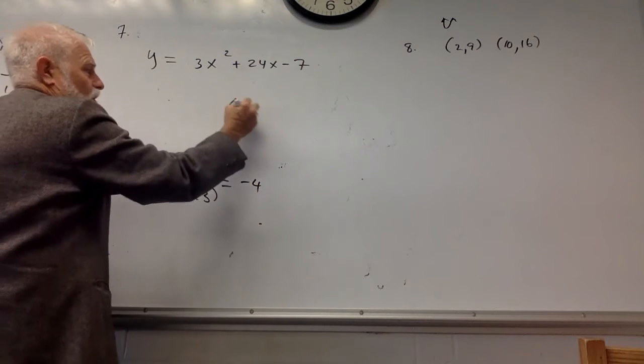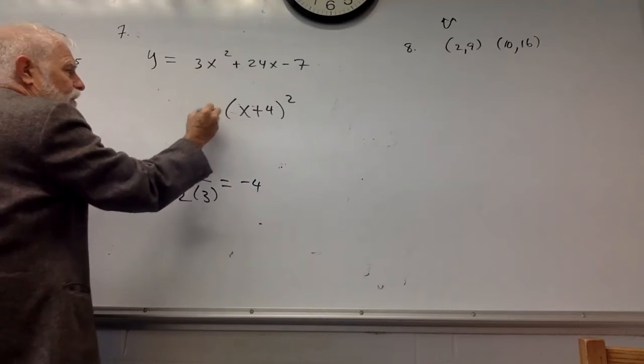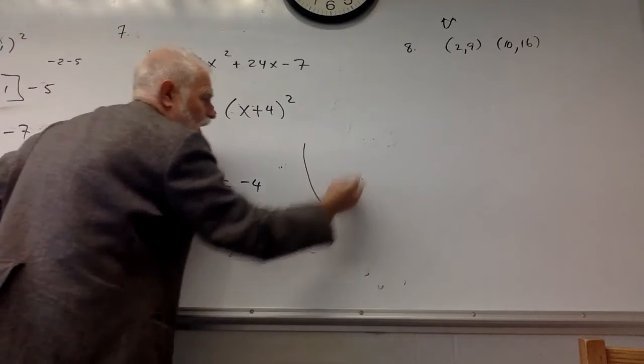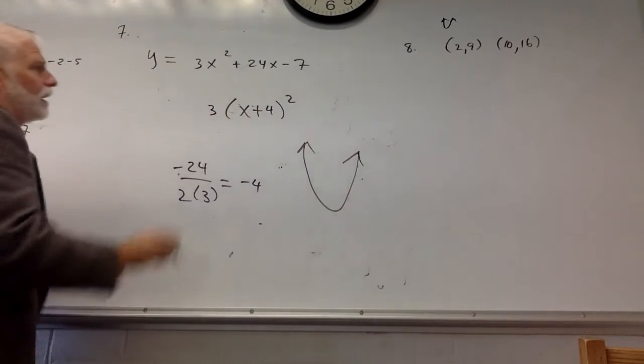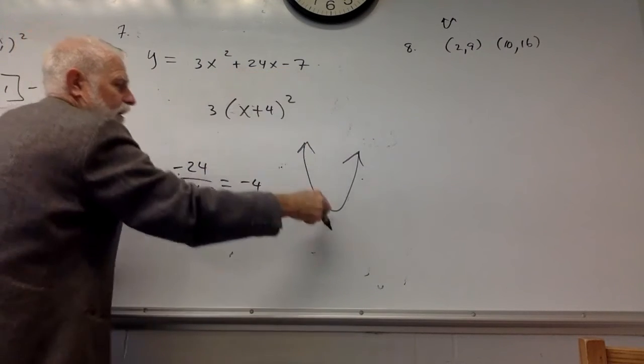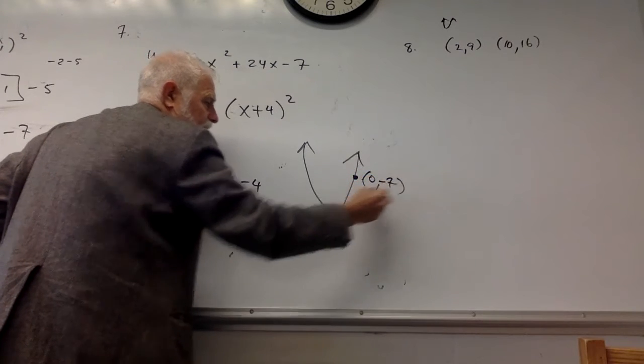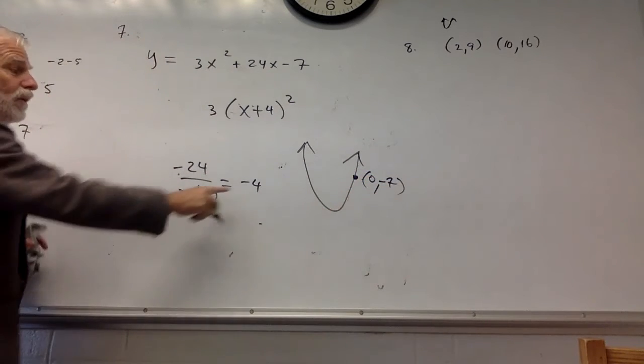Negative 4 means I'm going to write x plus 4 squared. I already have the a term. It's positive, so I know I have a cup shape up. And I'm on the increasing side for the y-intercept, which is negative 7. So (0, negative 7) tells me I'm on the increasing side of the x value that's negative 4.